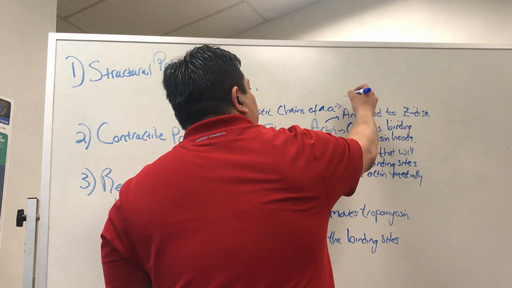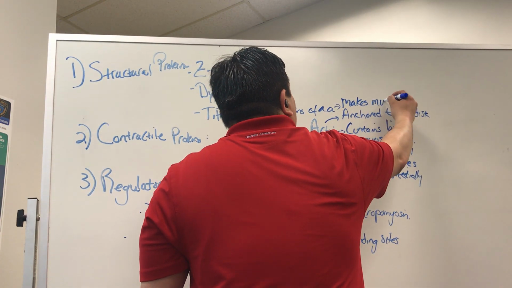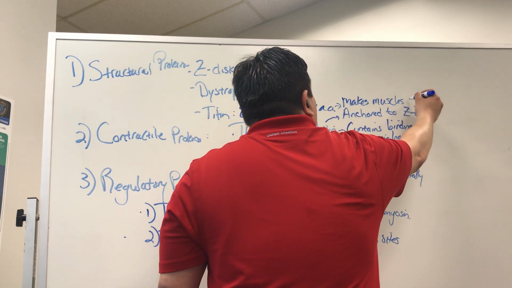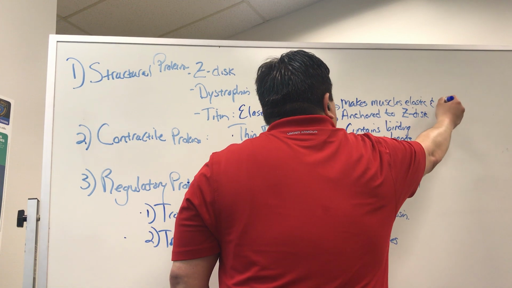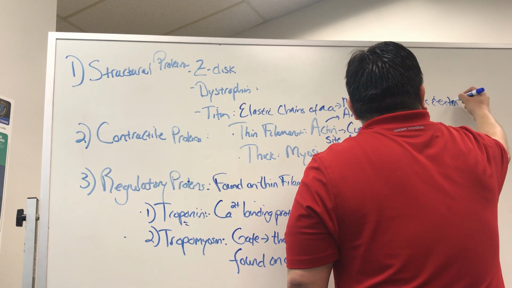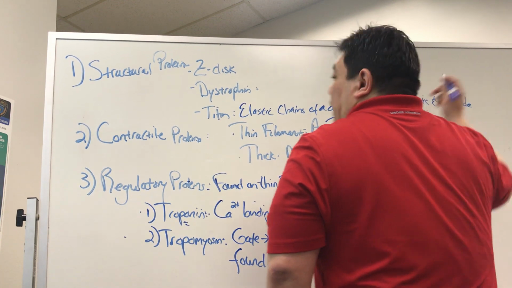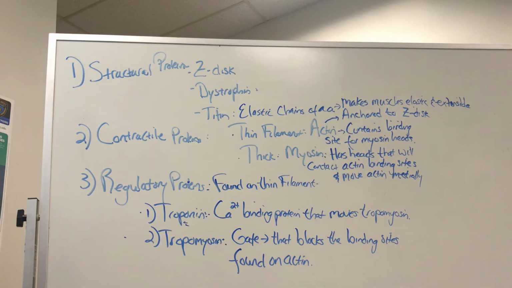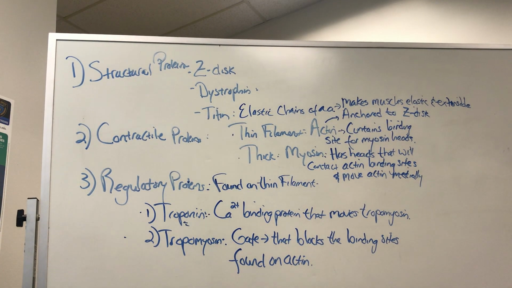AA is amino acid. And extensible means that it's able to stretch and then go back to normal position. And then when you contract it, once relaxed, it's able to pull the Z discs apart from each other.